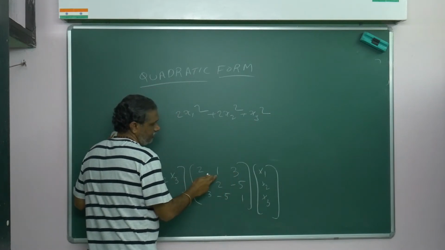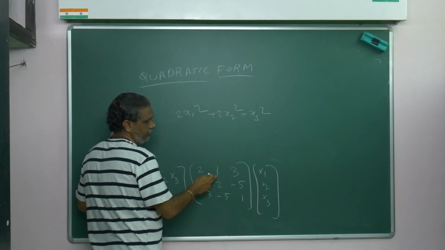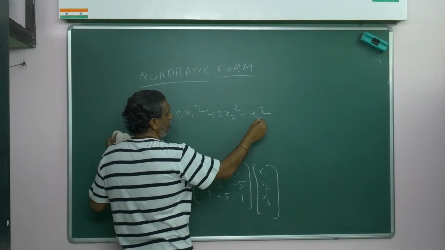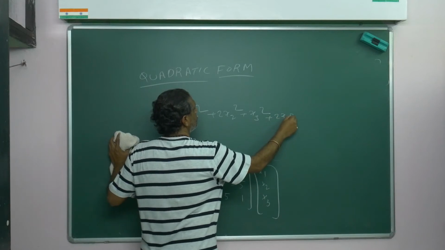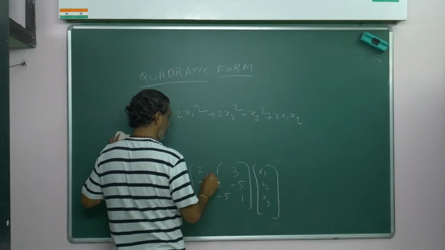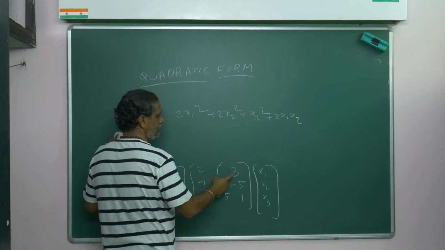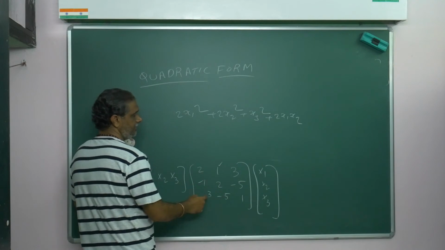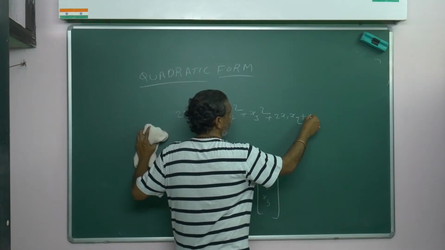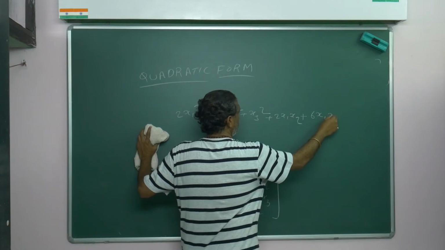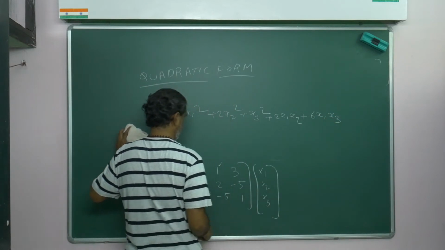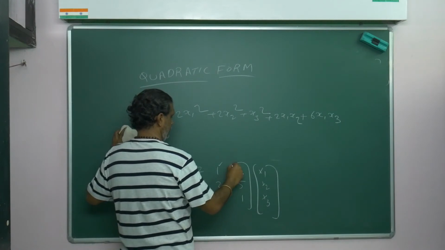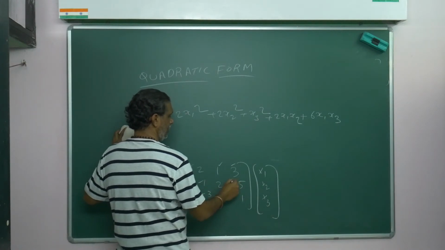Then the element a12 and a21 are both 1, multiplied by 2, so you get 2x1x2. Then a13 and a31 are 3 and 3, and 3 plus 3 is 6, so you get 6x1x3.